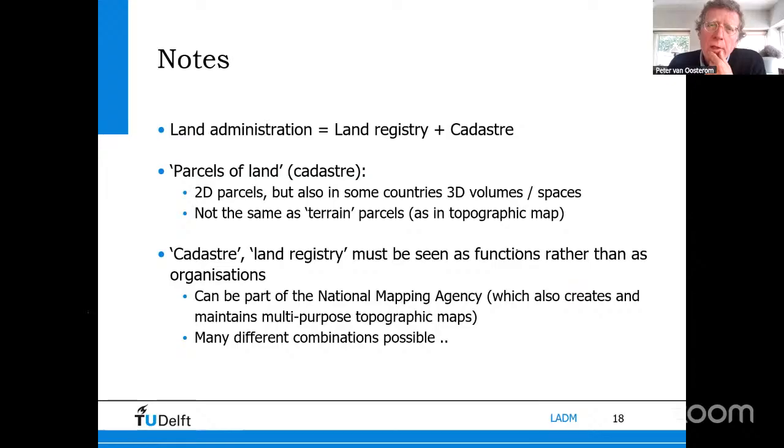Some countries already have 3D parcels, volumes, maybe for tunnels, maybe for airspace to have a nice view by a piece of air. So land is not the same as terrain in the sense of a topographic map. It is everything included.